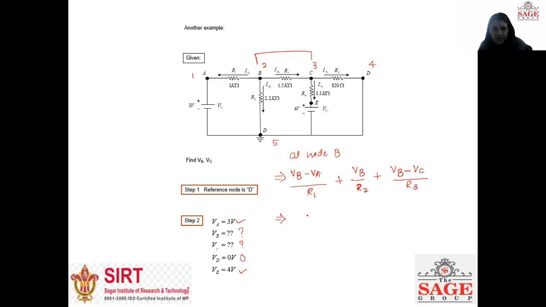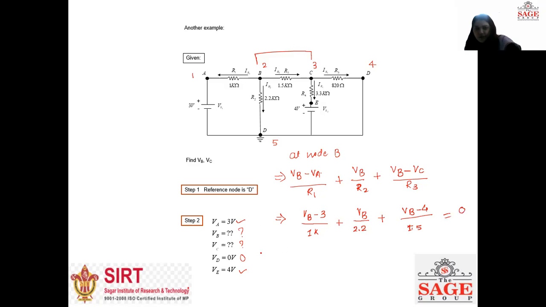So now VB minus VA, VB is not known, VA we know, minus 3, and the value of R1, that is 1K, plus we have again VB which is not known, but we know the value of R2, that is 2.2, that is given, plus VB, again not known, VC is 4 divided by the voltage between, it is R 1.5. Okay, 1.5 is equal to 0.